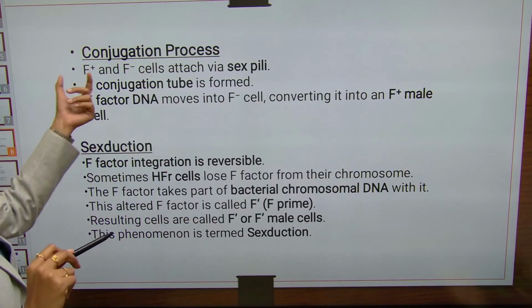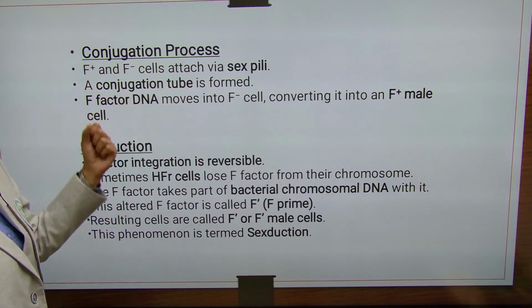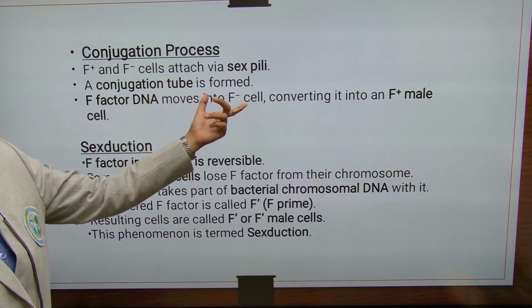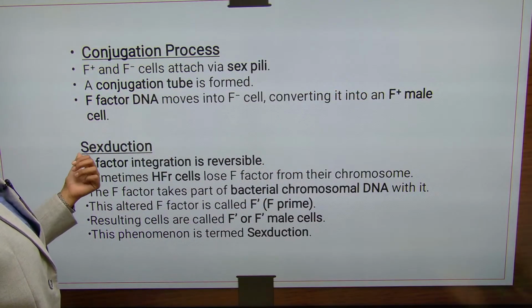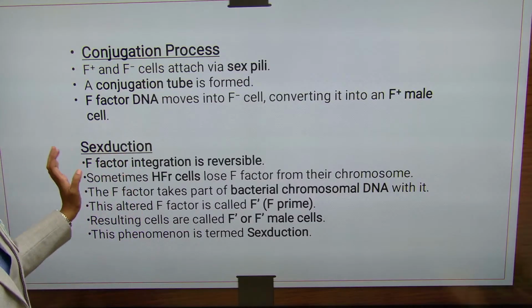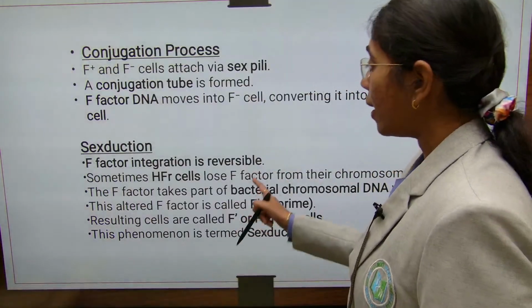Conjugation process: F minus and F plus cells attach via sex pilus. Conjugation tube is formed. Here F factor DNA moves into F minus cells and this converts it to an F plus male cell. This is where F factor integration is reversible.